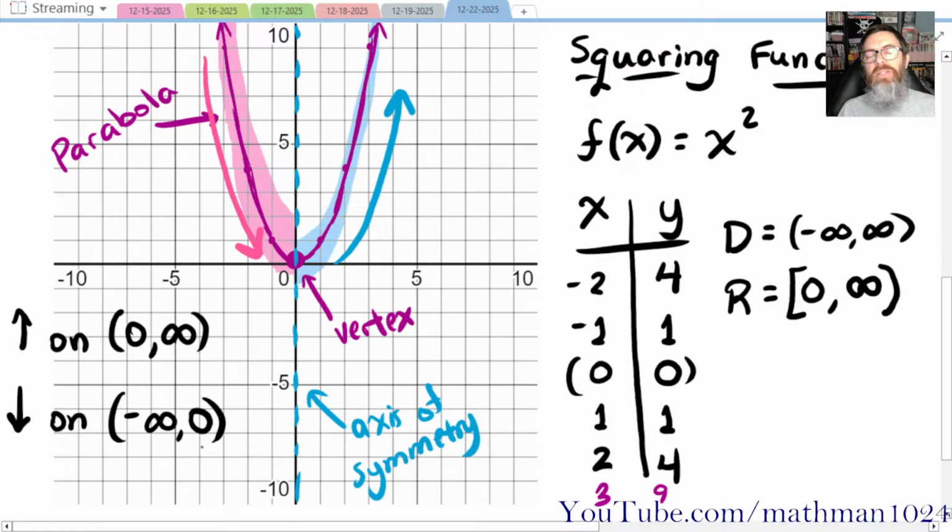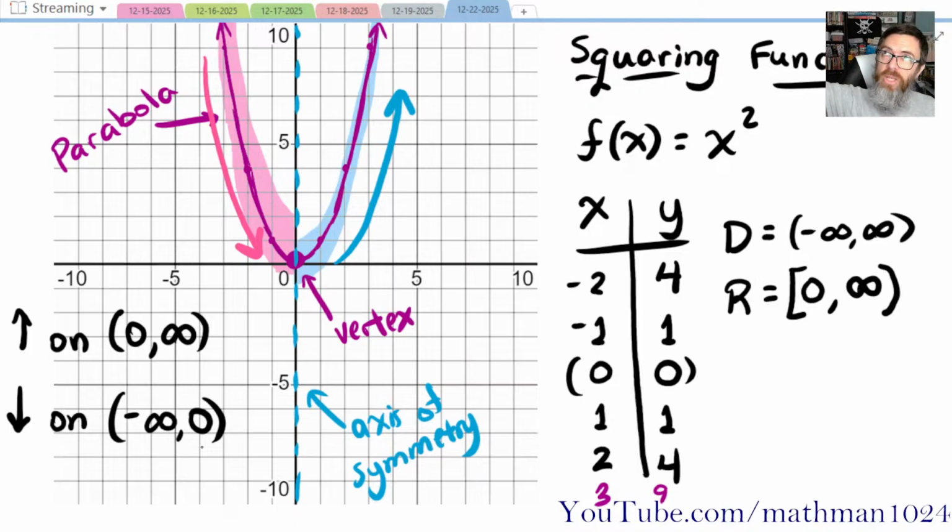Again, this is as you are moving from left to right. From left to right, you're going down until you get to an x value of 0. Beyond that, for any value of x greater than 0, if you have two x's that you're comparing, where one is bigger than the other, if you're increasing, that means from one x to the next, your y value has increased.